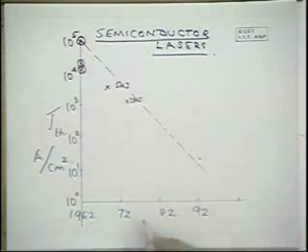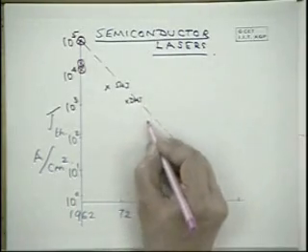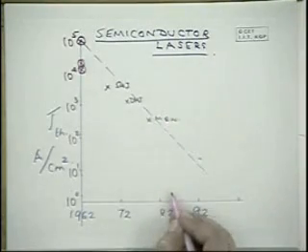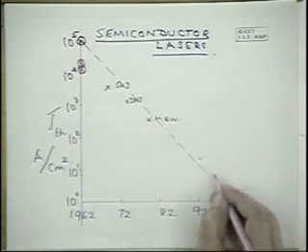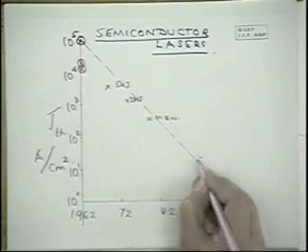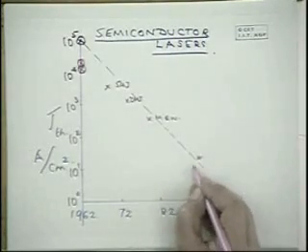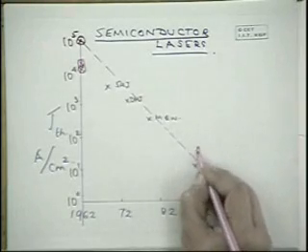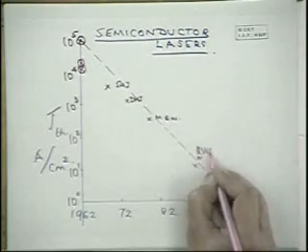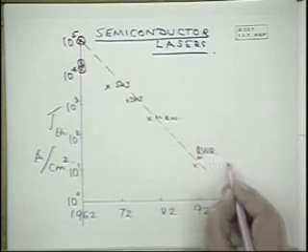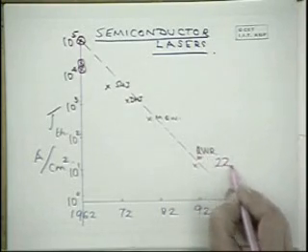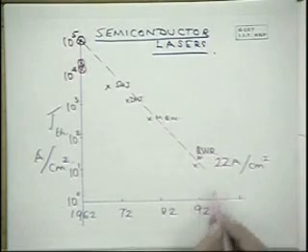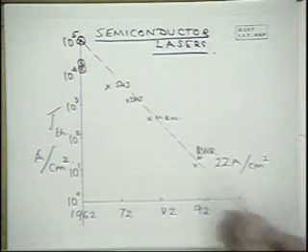Then between 72 and 82, there were the multi-quantum well lasers. And finally, going up to 92, there were the quantum wire lasers, which had this figure 22 reduced to about 10.